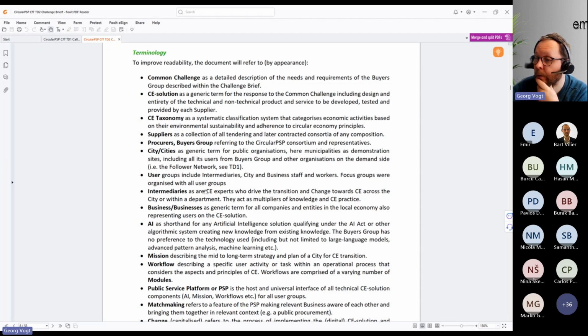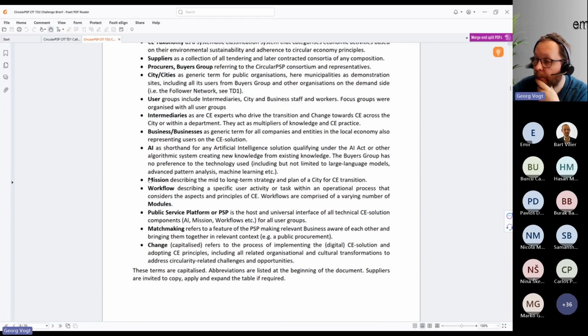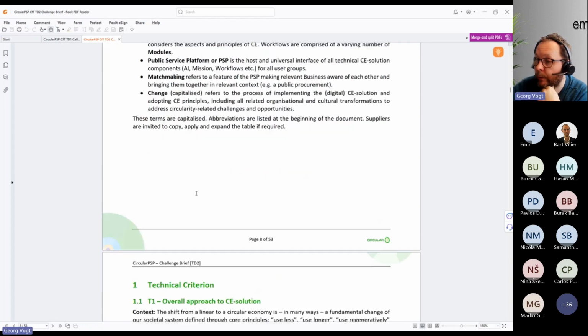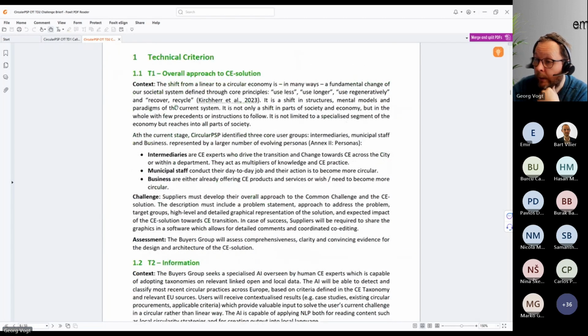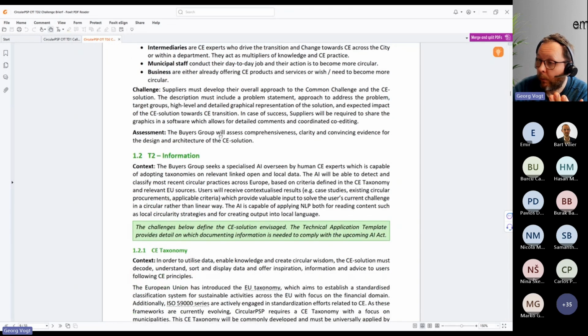So here's the terminology, and the majority of the terms are used. I already explained them. They are briefly described here and described in more detail further below. And then it goes: context, the challenge for you, what you must do, what you could do, and how we're going to assess it.